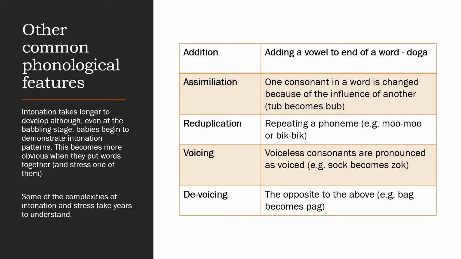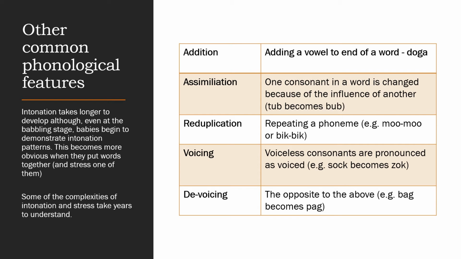Voicing and devoicing are next then. We've talked earlier about voiced sounds and unvoiced sounds, and they are the pairs where we have the same place and manner of articulation, but what's happening in the throat differs, so it's not unusual for those to be swapped round.